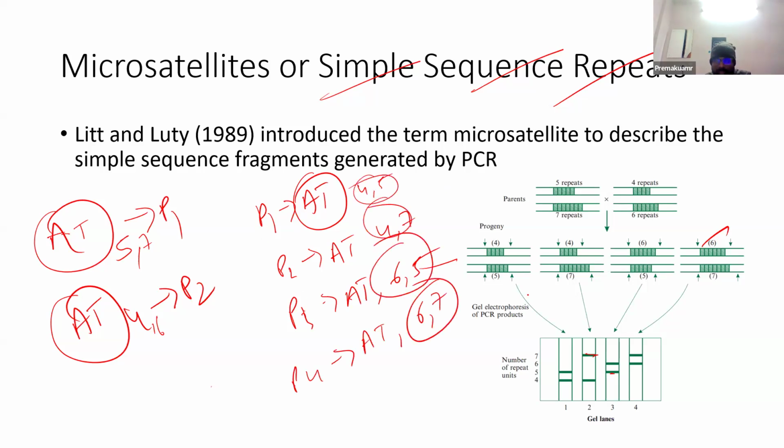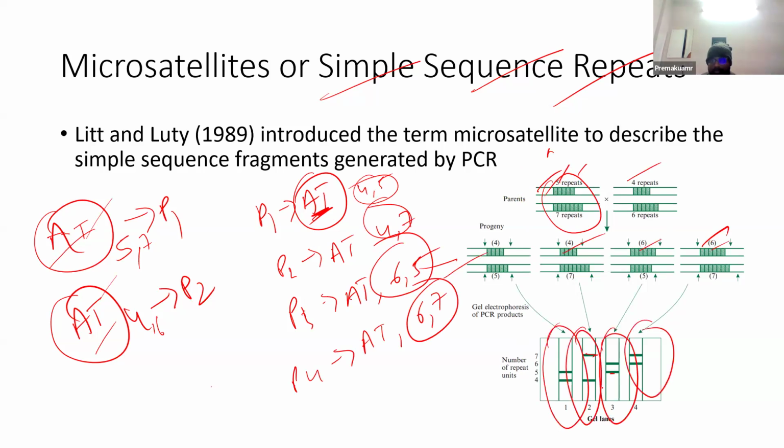See, by this, each individual has a difference at this particular locus, with different numbers of repeats of this SSR, like AT or anything. The number of repeats varies between individuals, and based on that we can distinguish them.